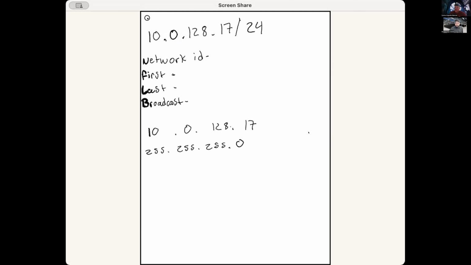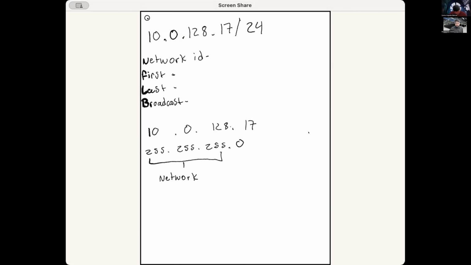What the subnet tells me is that the first three octets are the network. So 10.0.128 is the network part.